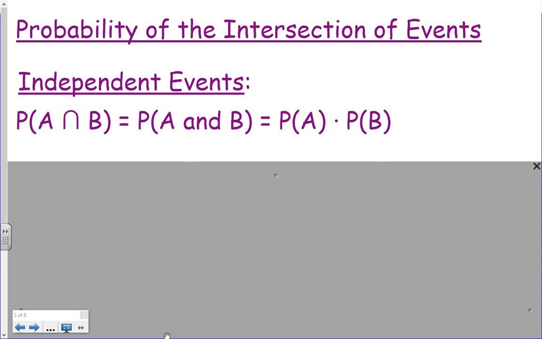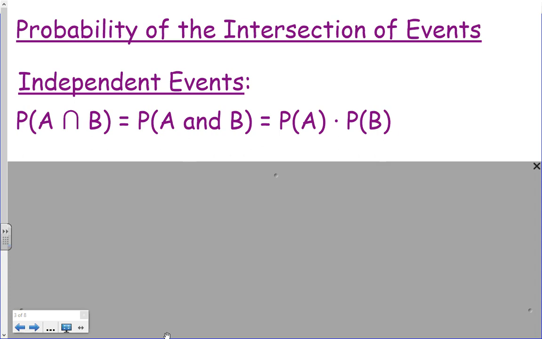We've talked about how to count up the number of outcomes if we're dealing with independent events. Now we're talking about how to calculate a probability for independent events. So the probability of A and B, or A intersect B, is equal to the probability of A times the probability of B.